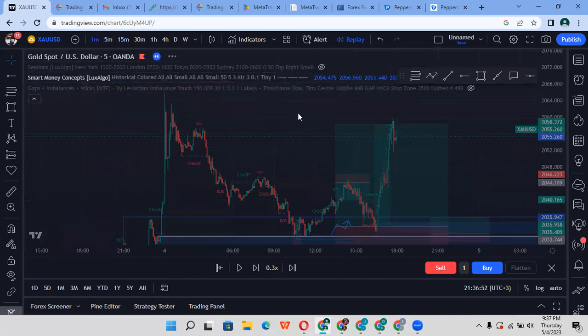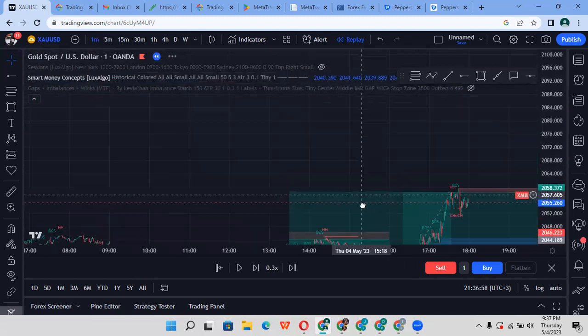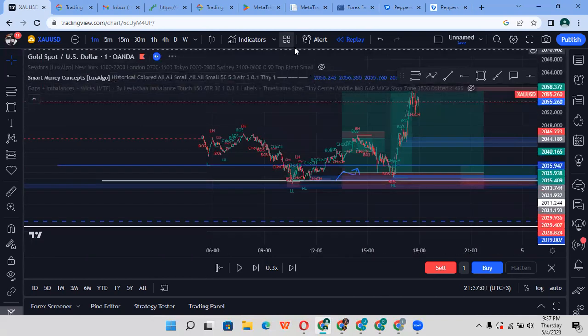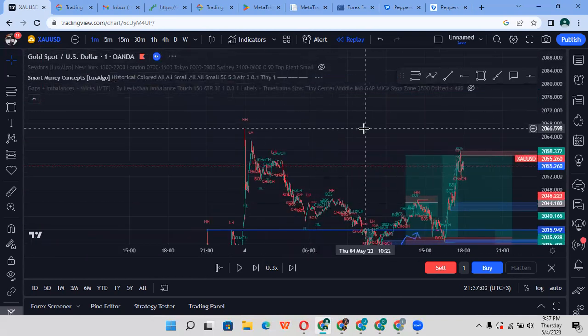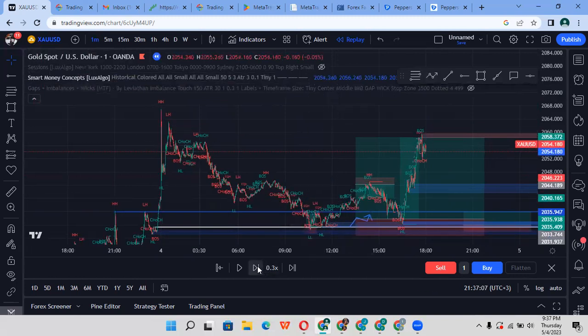I remember actually on the 1 minute time frame is where we had a supply zone forming. Supply zone forming.